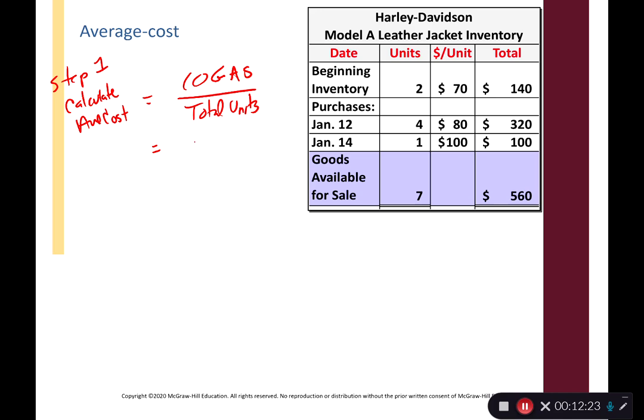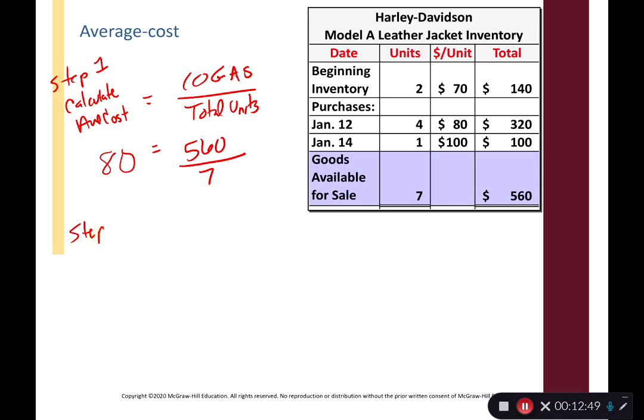So for this case, it's 560 is the cost available to sell, and we have a total of 7 units. And that's going to give me my average cost per unit. So 560 divided by 7 is 80. So that will be our average cost per unit.